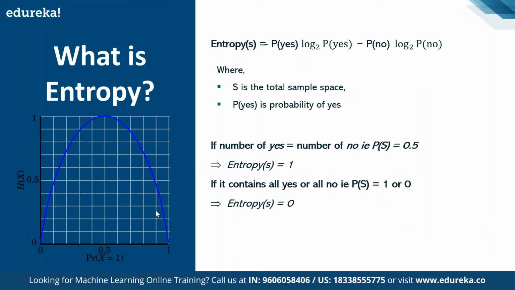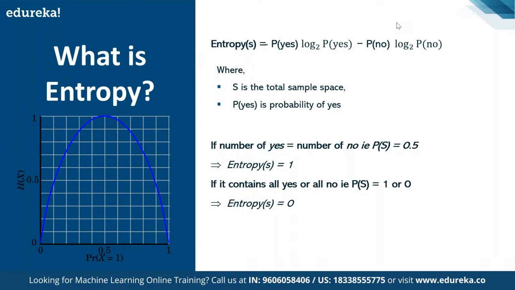We generally find entropy with the help of this formula. Don't get scared of this formula, because everything happens automatically in R or Python. The formula says: the probability that something will happen, multiplied by log base 2 of the probability that something will happen, subtracted by the probability that something will not happen, multiplied by log base 2 of the probability that something will not happen.